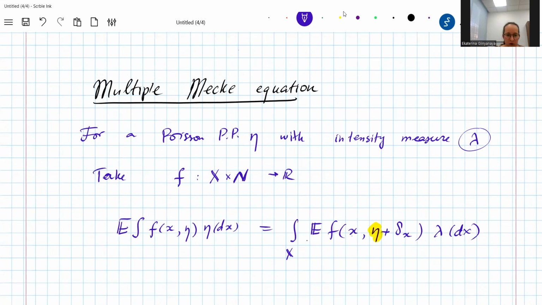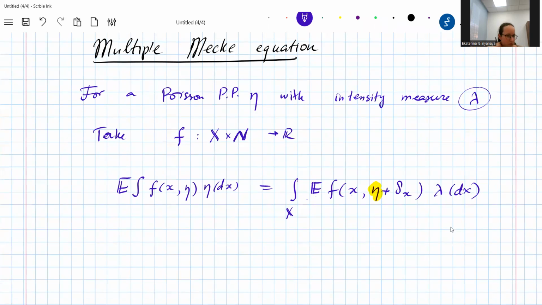On the left you take the expectation over all such integrals, but on the right the expectation is taken just over this randomness.